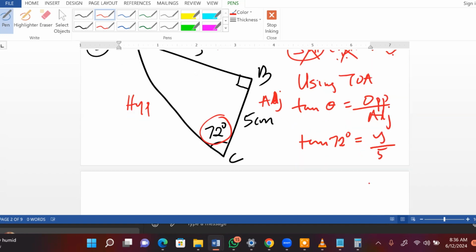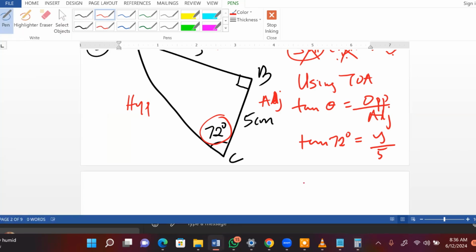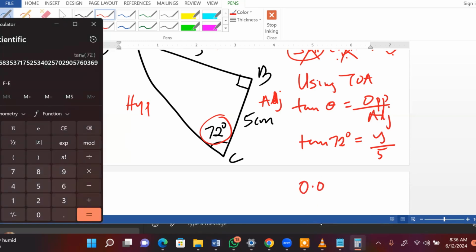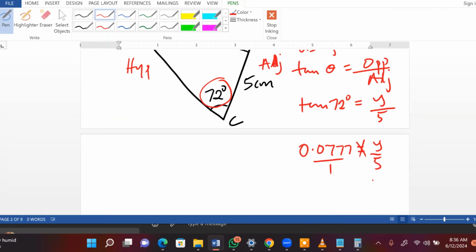So we just find the value of tan 72, that gives us 3.0777 equals y over 5. So we can make this one over 1 and cross multiply. That means y times 1 is y, equals 5 times 3.0777.